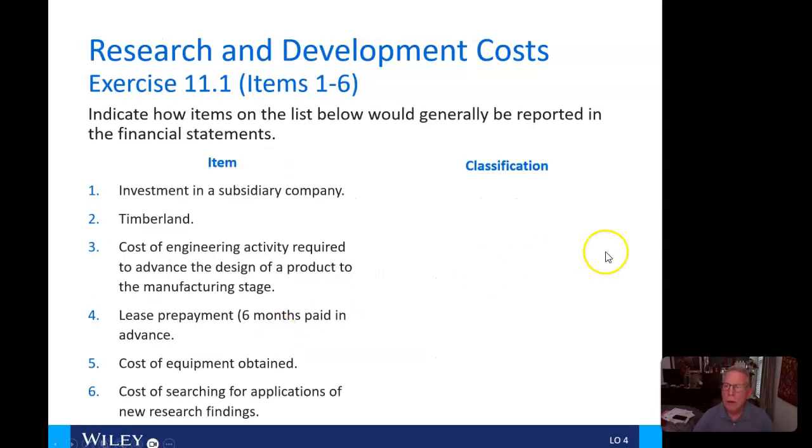All right, so how would these items listed below be reported in the financial statements? Investment in a subsidiary company, long-term investments. Timberland, property, plant, and equipment. Cost of engineering activities required to advance the design of a product to the manufacturing stage, R&D expense.